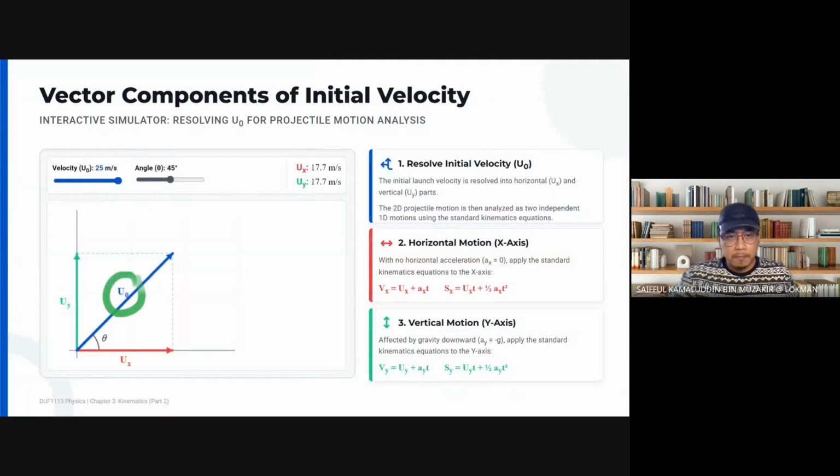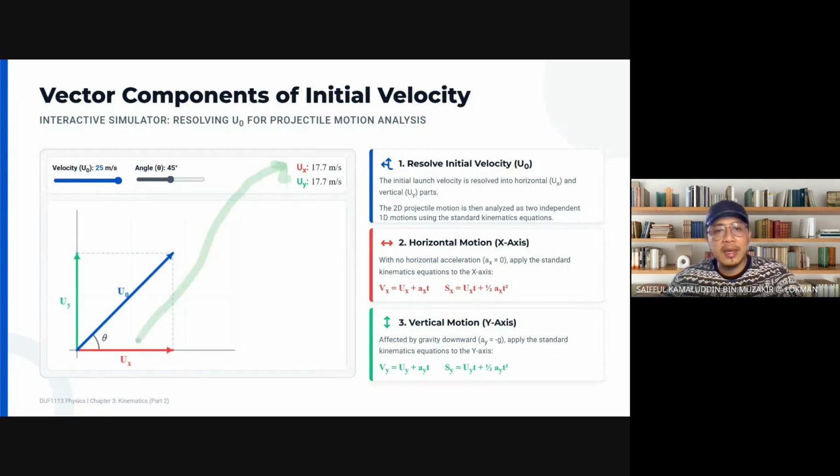U cos theta, you got UX. U sin theta, you got UI. And hit the calculator, you will get UI equals 17.7 meters per second, and UX also 17.7 meters per second. Same.